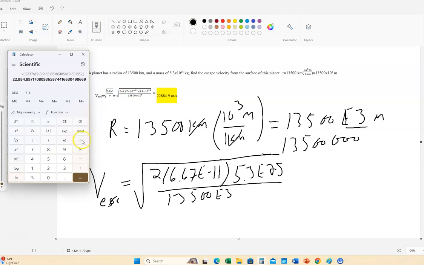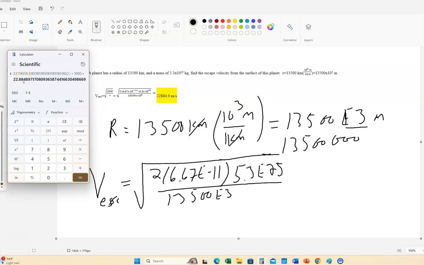If this problem said, and I know on the test it does say, convert it to kilometers per second, you just divide it by 1,000, because there's 1,000 meters in a kilometer. If we were to round this to one place past the decimal, it would be 22.9 kilometers per second.